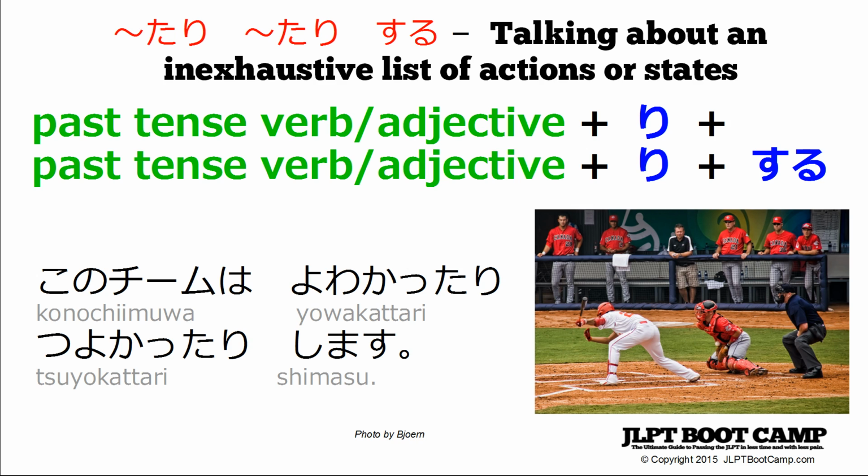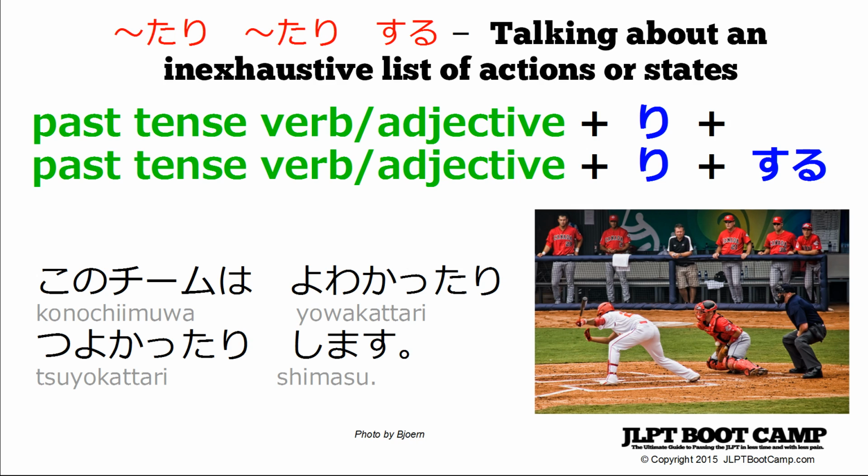You're not limited to those two choices. It's not exhaustive. In Japanese, there's this concept of exhaustive and inexhaustive lists. Exhaustive would be you're listing absolutely everything. Inexhaustive is there's other things that aren't mentioned.